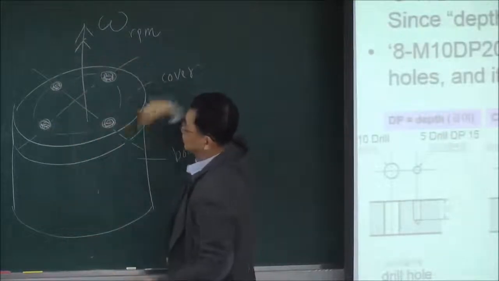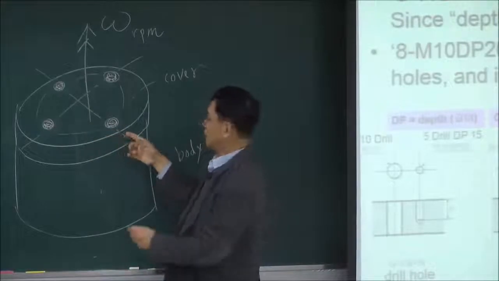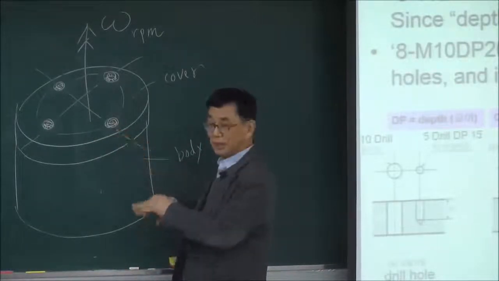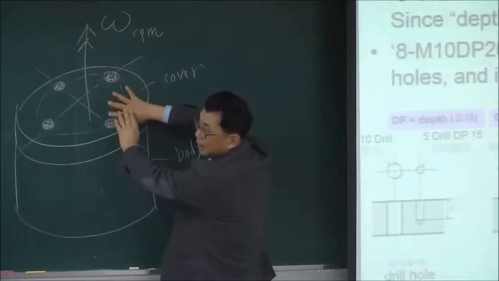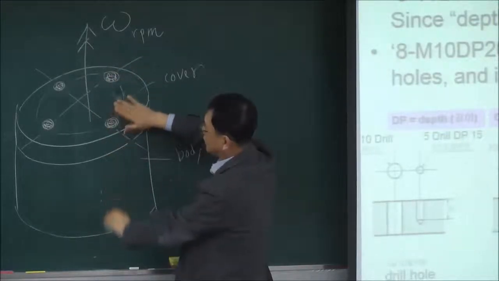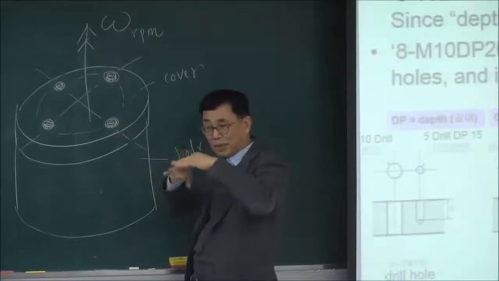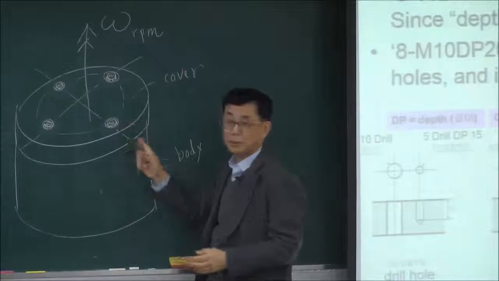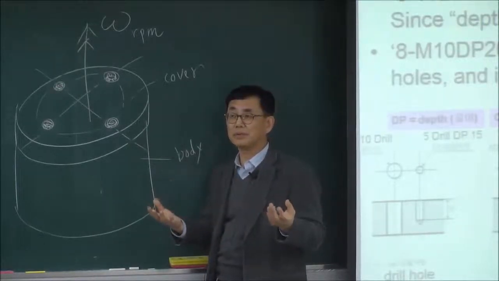So even if it is spinning so fast, there is no danger of the bolt head contacting any hand or something like that, because the bolt head is just under the surface of the cover, using the counter bore holes. So this is the importance of the counter bore hole.